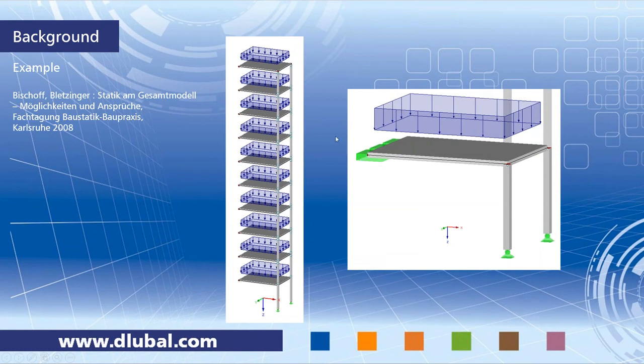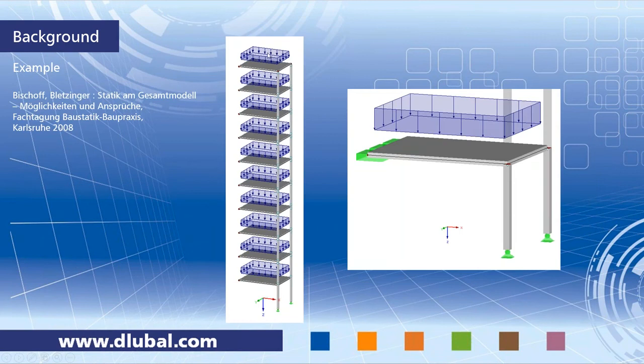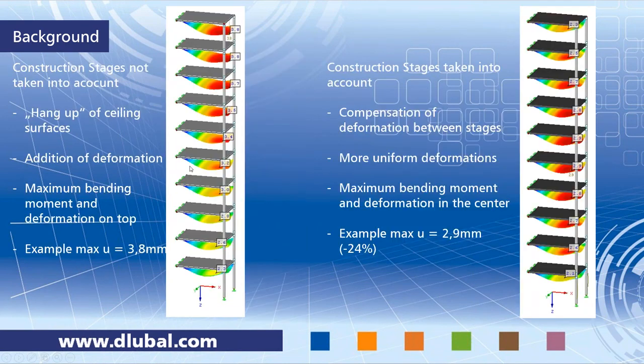So if you would calculate this model in RFEM as the whole model, it will look like the left graphic, and there you can see construction stages are not taken into account. So there's just one calculation for the whole building. All the 10 stories are calculated in just one step with all the 10 surface loads.